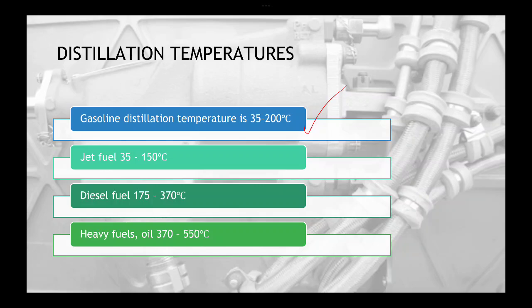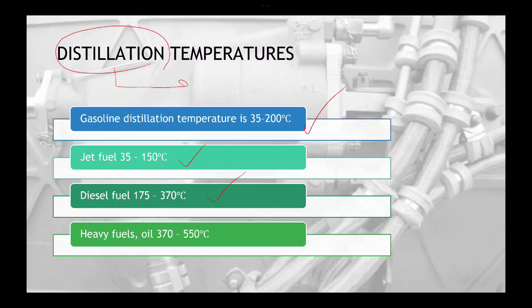For diesel fuel, we have 175 to 370 degrees Celsius. And for heavy fuels or oils, that's 370 to 550 degrees Celsius. Again, the distillation process aims to separate crude oil into different boiling temperature ranges.